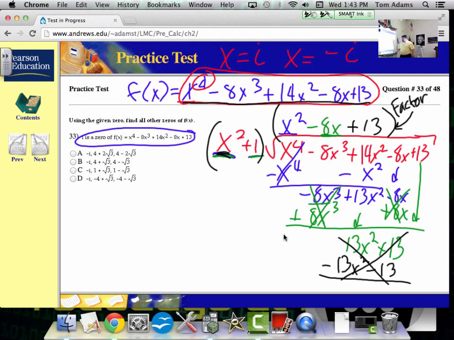Does that make sense? Can I erase the quotient over here? Well, let's do it over here. I think I have room. I'll just write it a little smaller. So, my A is equal to 1, my B is equal to negative 8, and my C is equal to 13. So I'm going to say x is equal to plus or minus negative 8, right?